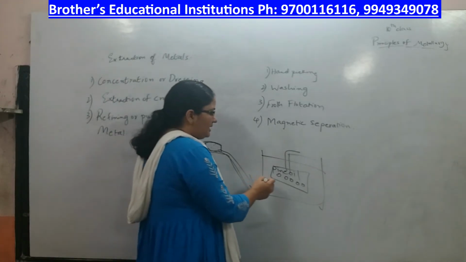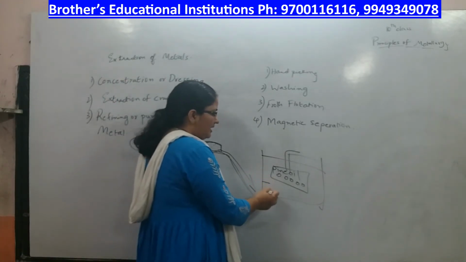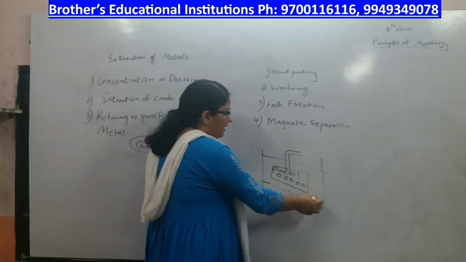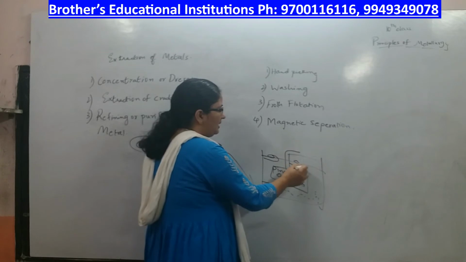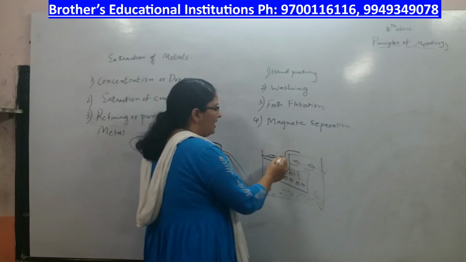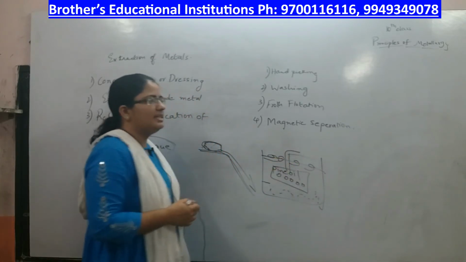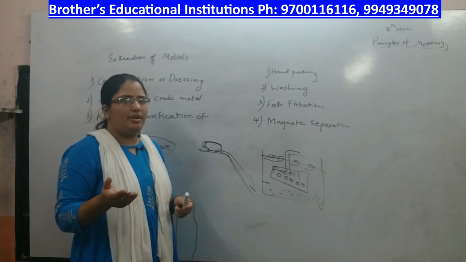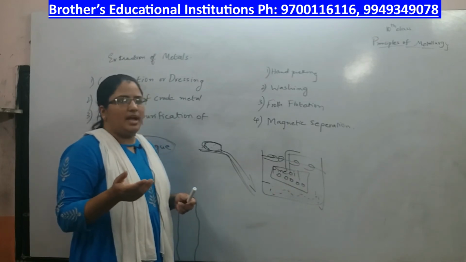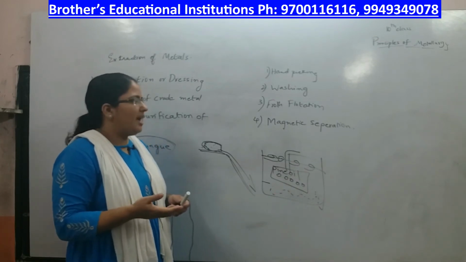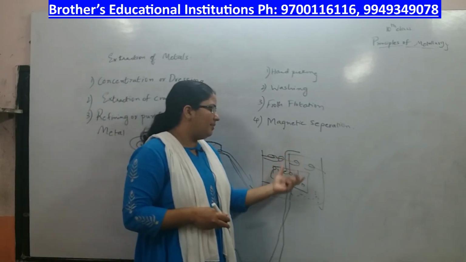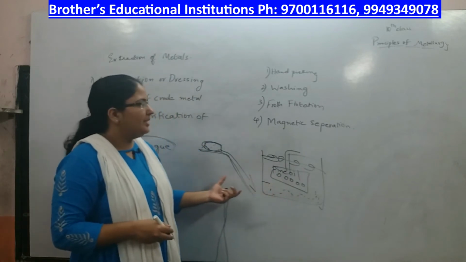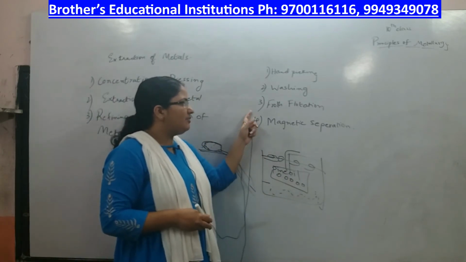The impurities that have wetting properties settle down, and the ore particles, which do not get wet, will be floating. Now these ore particles can be separated with the help of a handle having a mesh. The ore particles can be separated, and the impurities settle at the bottom. So this is called froth flotation.